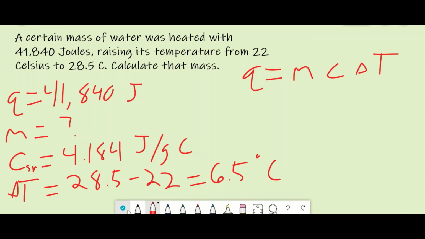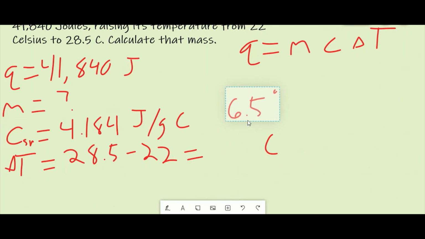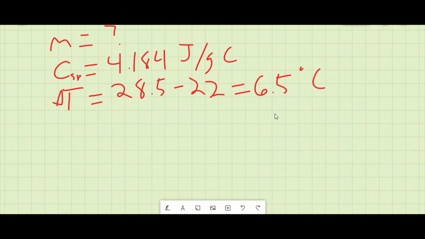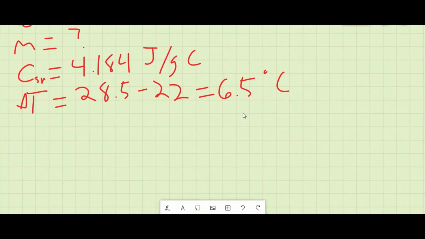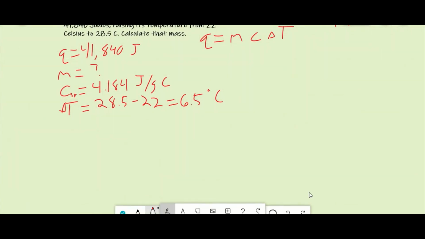Using that, we're going to change this equation up a bit. We know it's Q equals mc delta T. Let's make some room right here. With this Q equals mc delta T, remember we want to solve for mass.